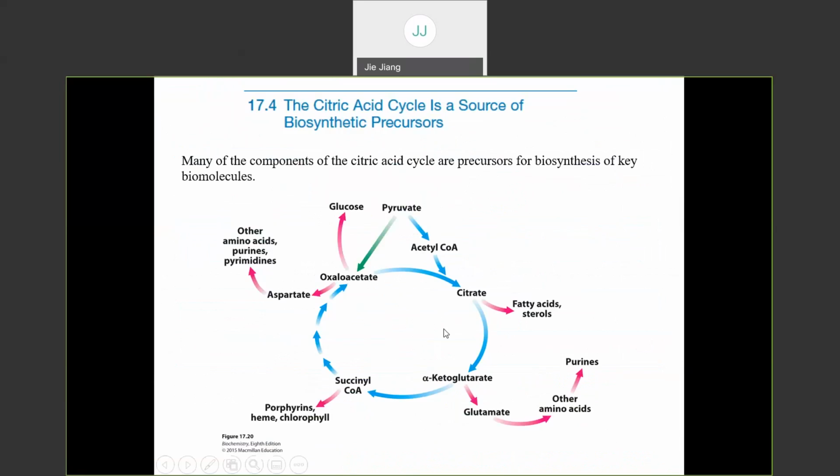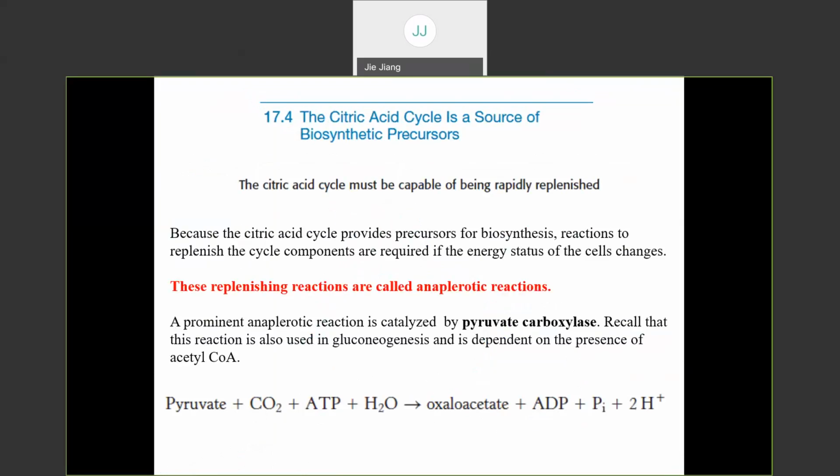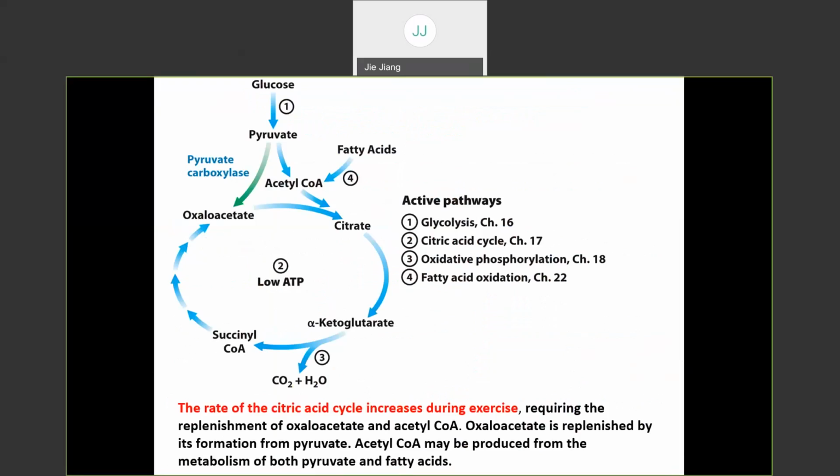So how these relationships work, how we say this citric acid cycle is a hub. So pyruvate connects with glycolysis, and then further they form glutamate, pyrene, heme, all this. So overall reaction, right? Again, glycolysis and the citric acid cycle, the oxidative phosphorylation here, right?